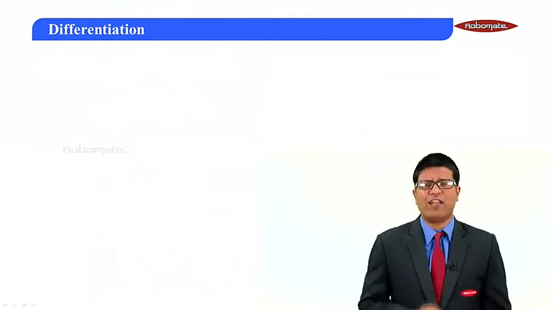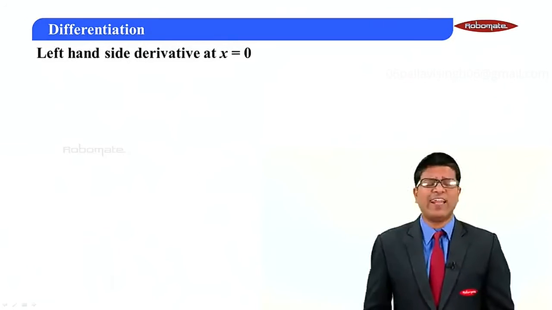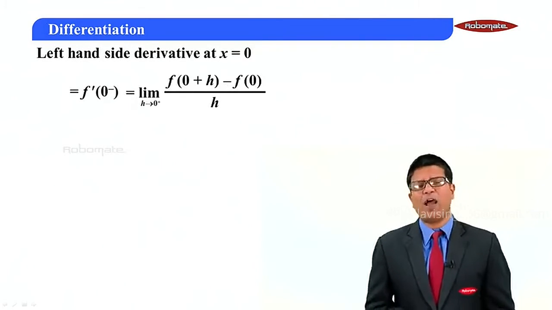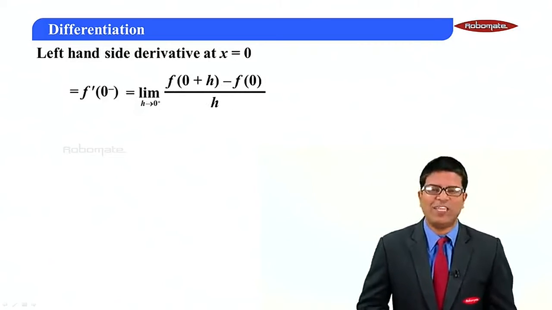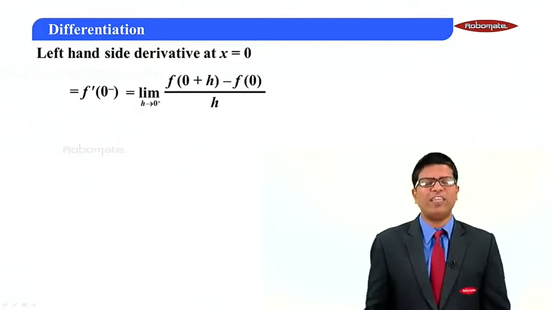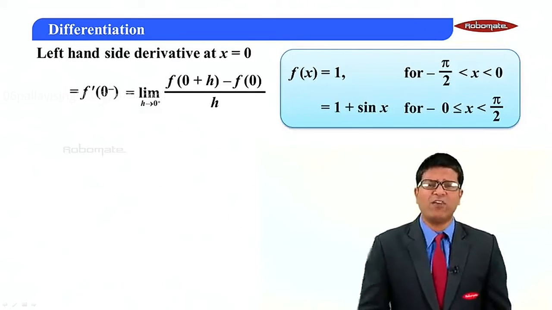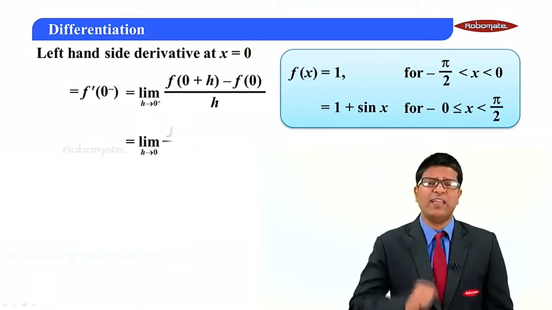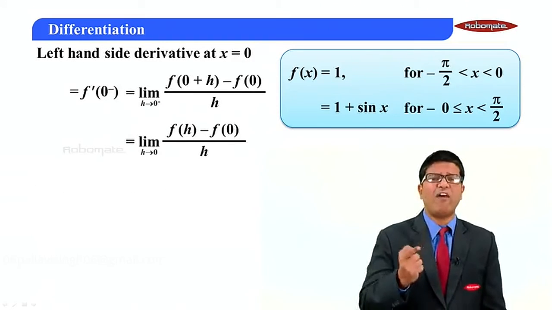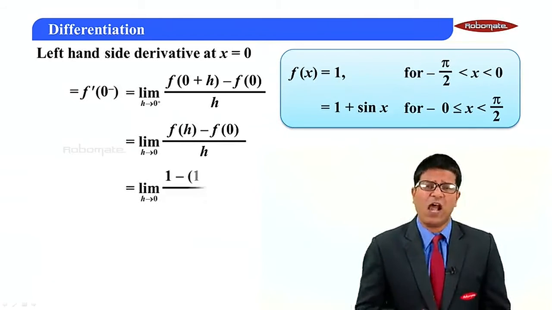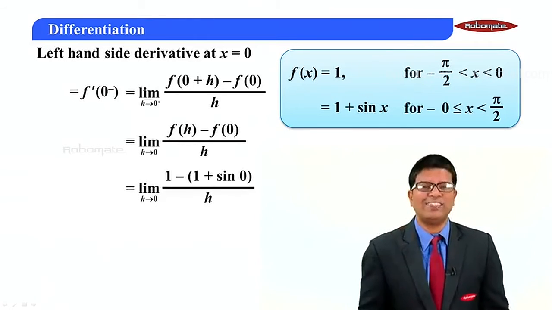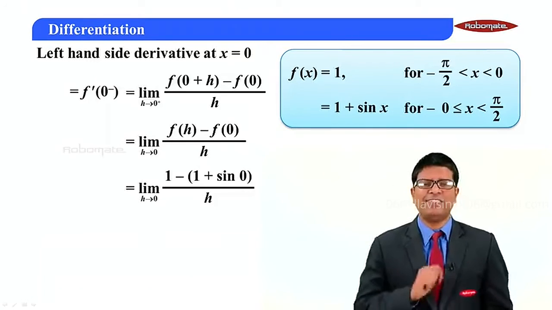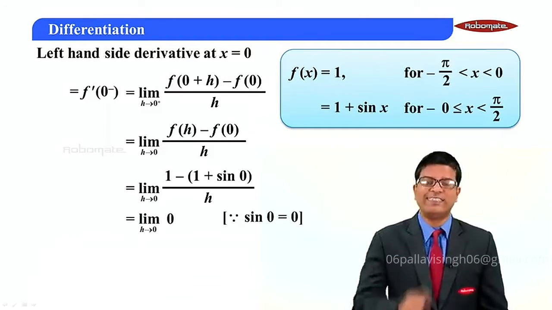Let us start with the left hand derivative. Left hand side derivative at x = 0 is f'(0-) = limit h tends to 0- of [f(0+h) - f(0)] / h. For 0-, that is limit h tends to 0 of [f(h) - f(0)] / h, which is limit h tends to 0 of (1 - (1 + sin 0)) / h, that is 0.